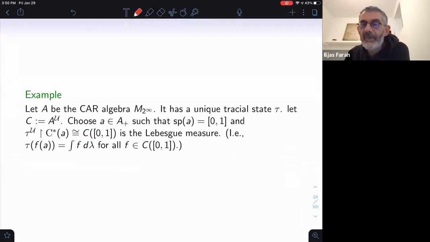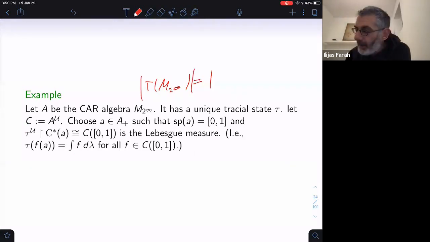Take the C*-algebra M_2^∞. Now, the tracial space of this algebra has exactly one element, this unique tracial state. And we can take C to be the tracial ultrapower. It also has only one tracial state, but that's not really important.